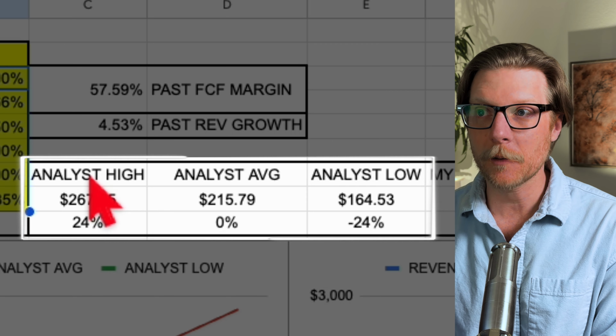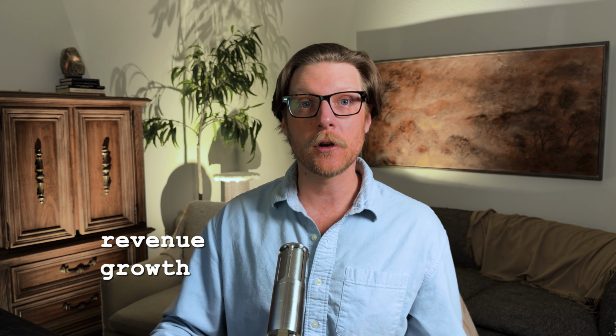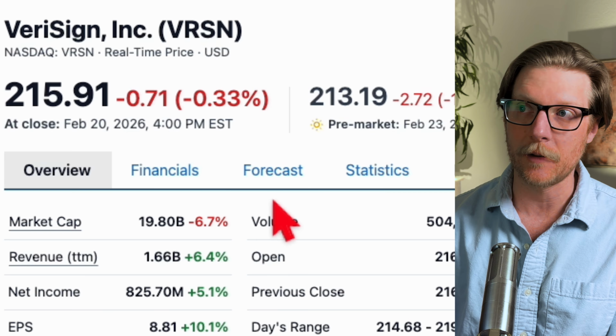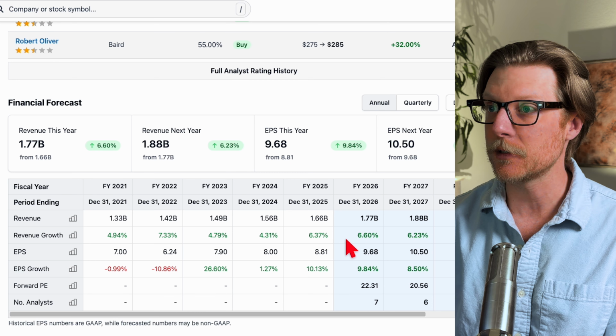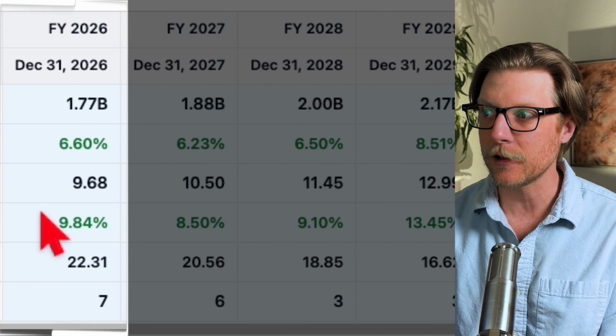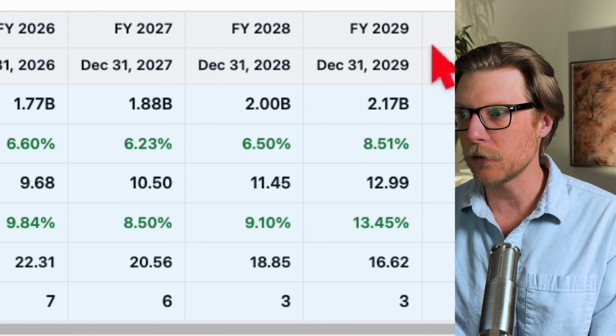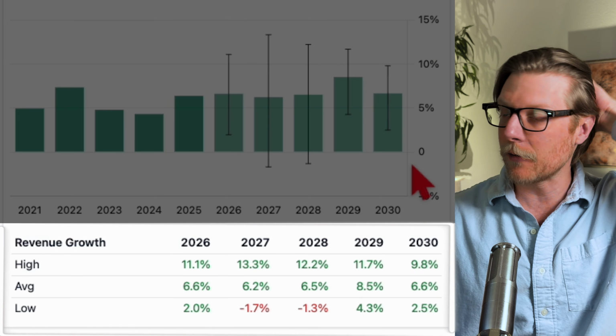Now, I want to also talk about these other cells right here, analyst low, average, and high. So for the next 5 years, for revenue growth, instead of just taking one estimate, I also like to take a wide range of analyst assumptions. If I go to stockanalysis.com, go to the forecast tab and scroll down to the revenue projections, we can see that for fiscal year 2026, there are 7 different analysts, and then going into 2028 through 2030, it drops down to 3 different analysts, but there are lots of revenue growth assumptions.